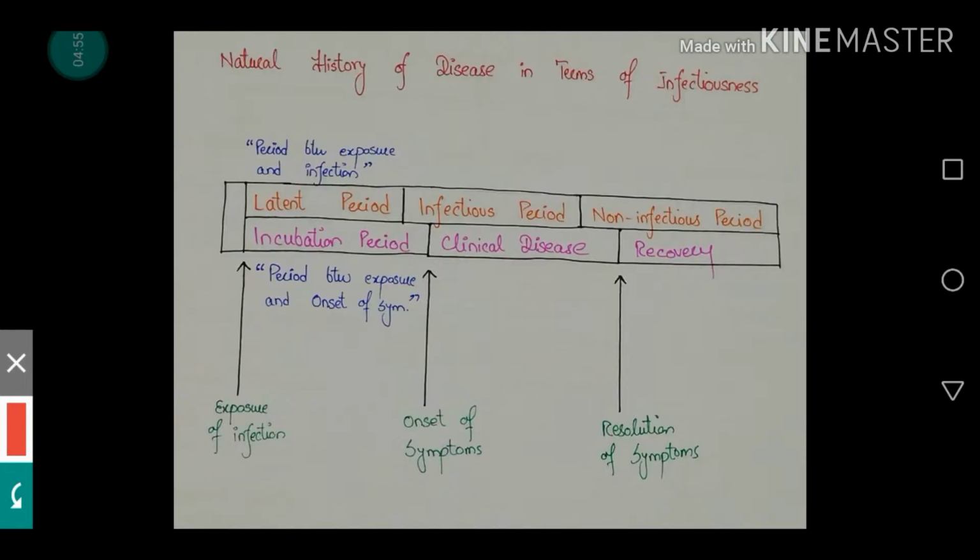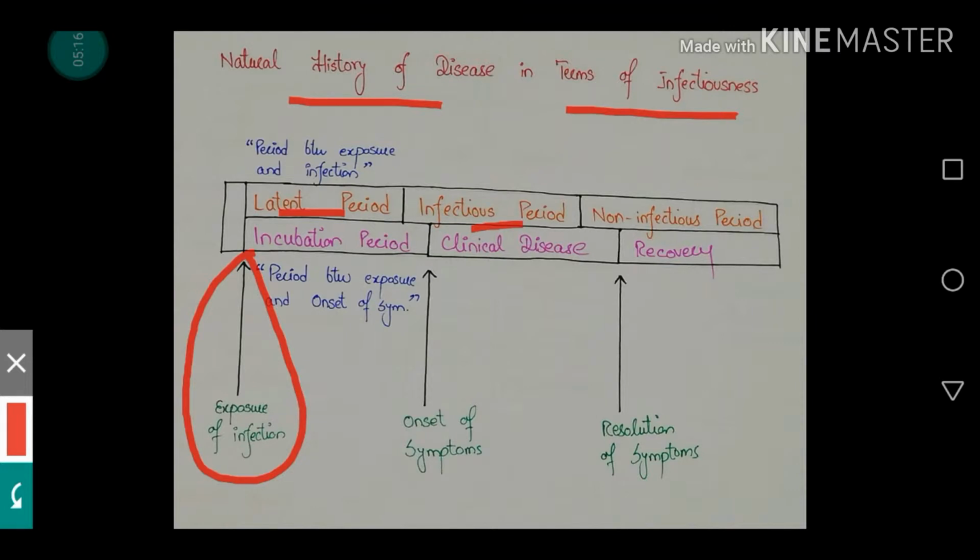Now, talking about, or rather comparing, the natural history of disease in terms of its infectiousness. This is the point where exposure to that infection occurs, and it has latent period, infectious period, and non-infectious period. Now, latent period means the time period that is between the exposure and the actual infection to occur.